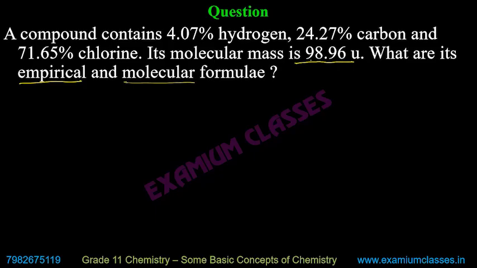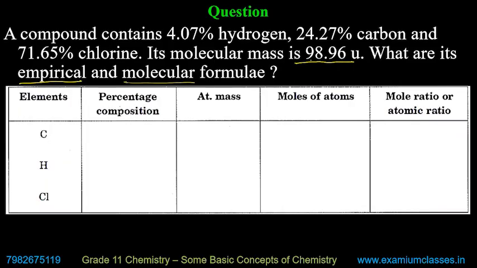If you add these, you get approximately 100. So there are 3 elements with percentage composition: carbon 24.27, hydrogen 4.07, chlorine 71.65. Same approach here, but I have written only 4 columns because we get the simplest ratio approximately, so we don't need to simplify it further.